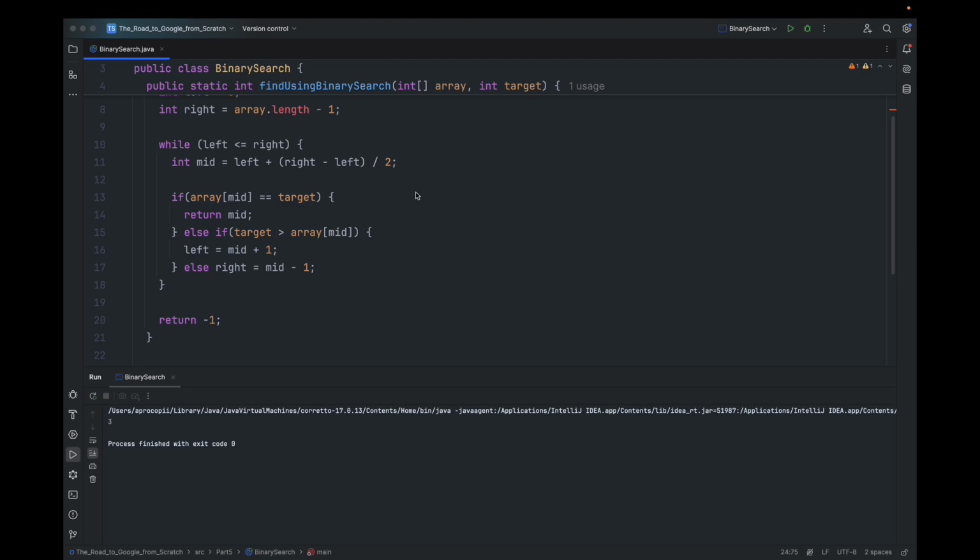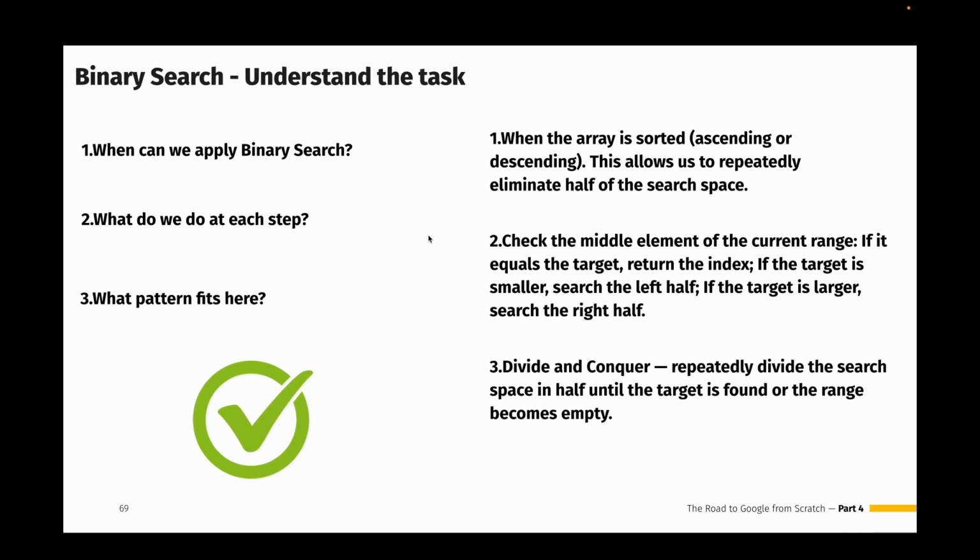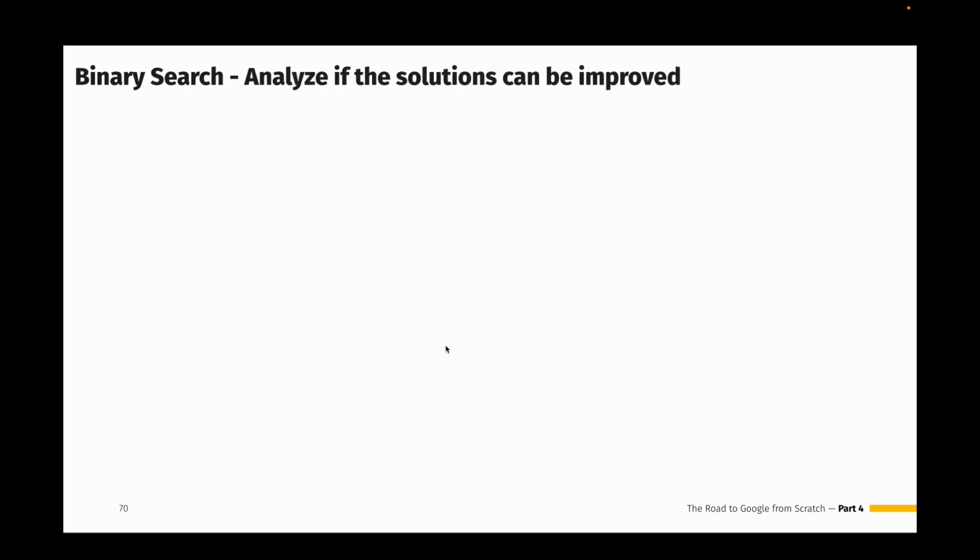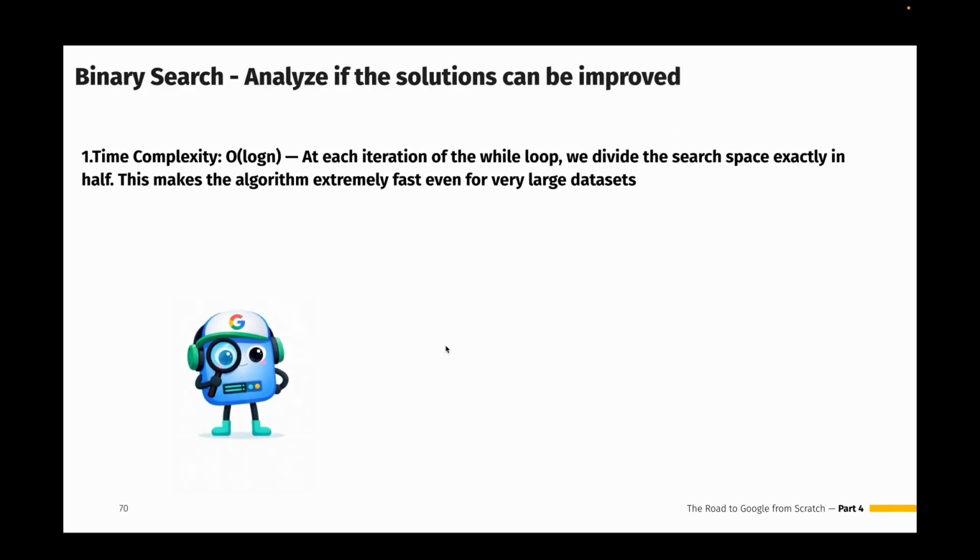And now let's go back and try to analyze our solution. The time complexity is O(log n). At each iteration of the while loop, we divide the search space exactly in half.